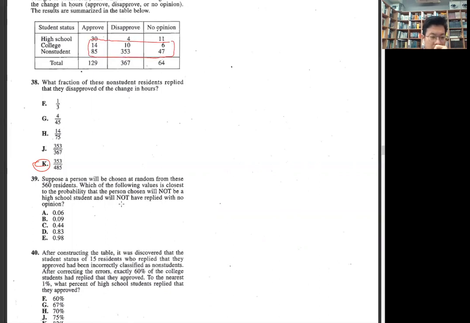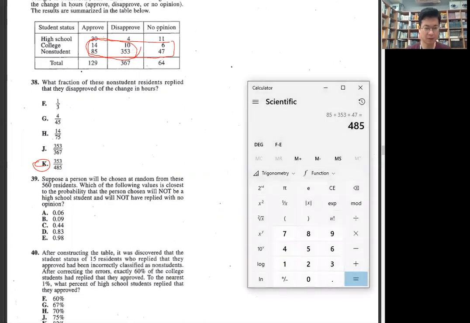And then not have replied no opinion. No opinion is this one. So these four. Okay. So let's add this up. So 462 divided by 560. So 0.83.